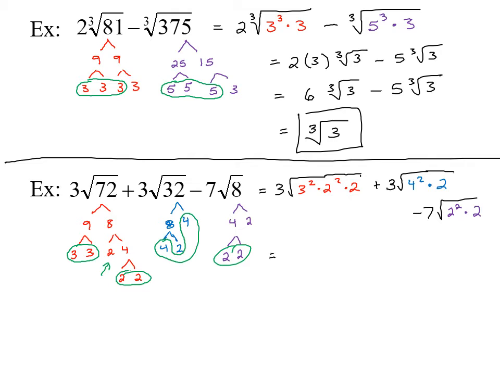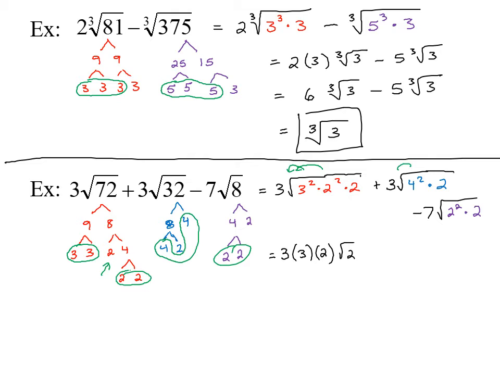So all of those powers that match the square root, I can pull out front. So this will become a 3 times a 3 times a 2, times the square root of 2. Like I said, I'm pulling the 3 out in front and the 2 out in front.